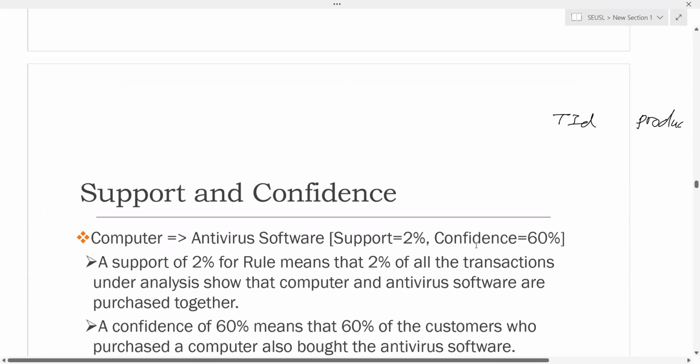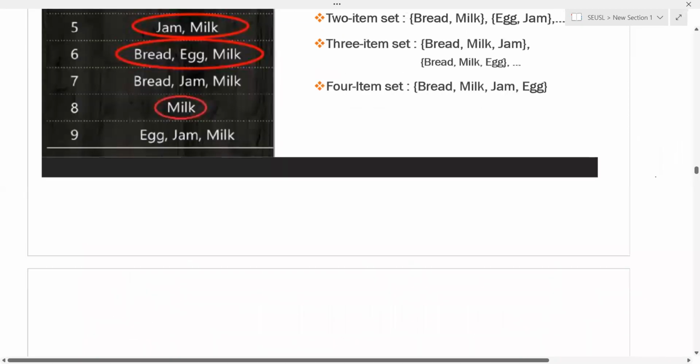Okay, let's think about it. There is a table. One transaction ID means one person buying a printer and monitor.